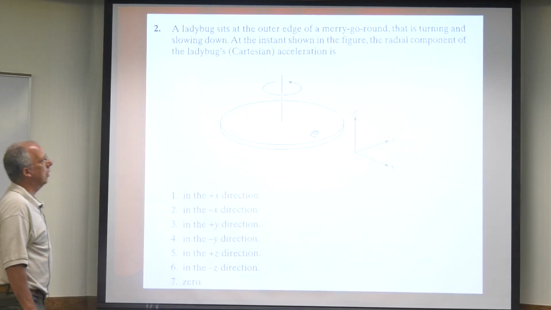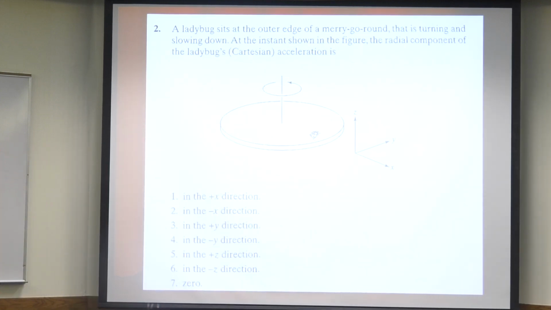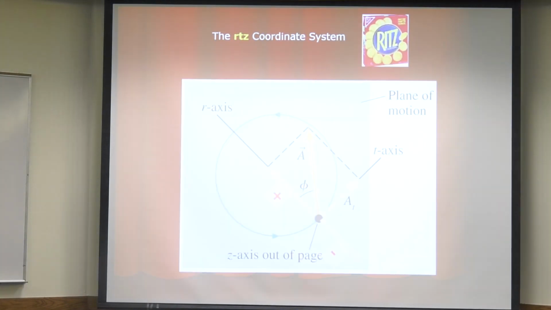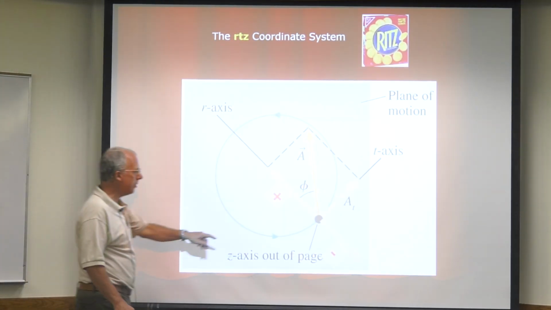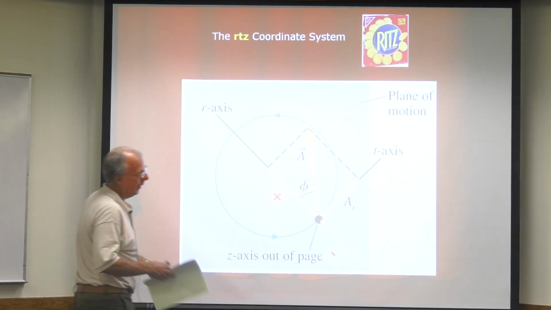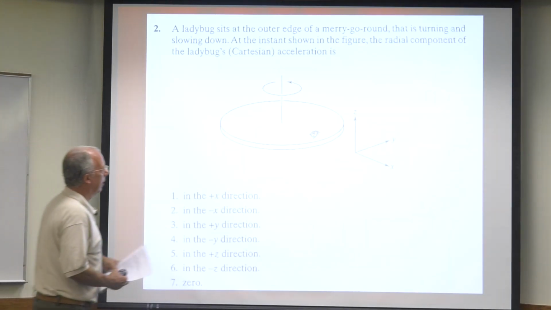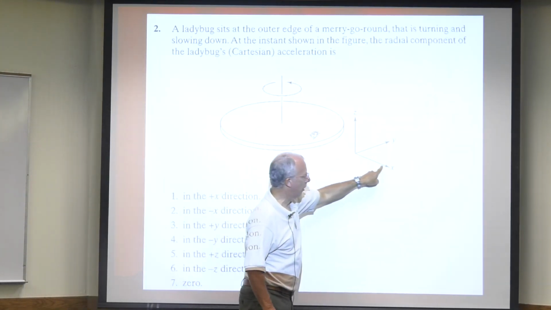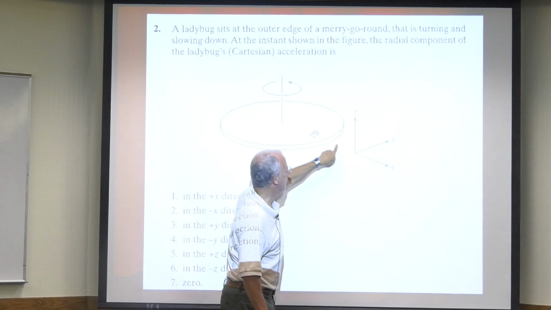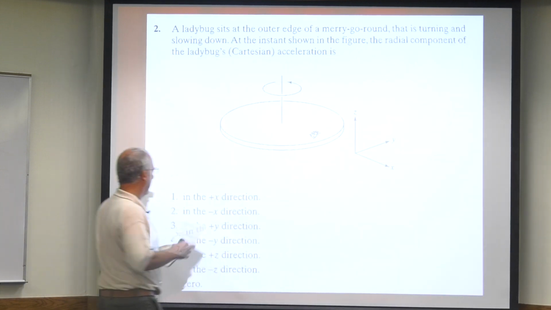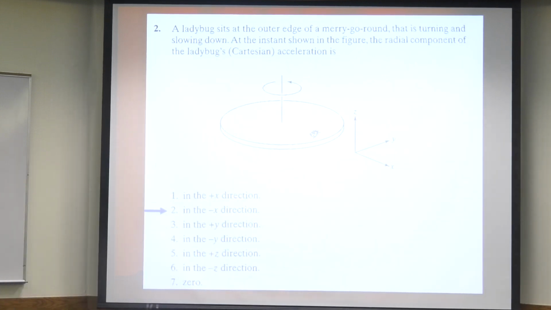And the question is the radial component of the acceleration. Well, the radial component always points towards the center of the circle. And so this points away from the center of the circle, so negative x would point towards the center of the circle. So the answer is 2, negative x, okay, towards the center of the circle.